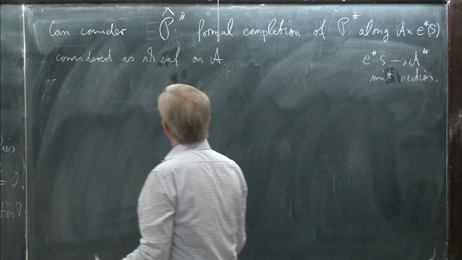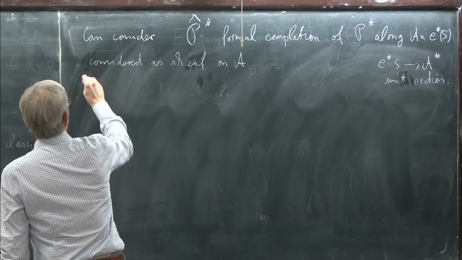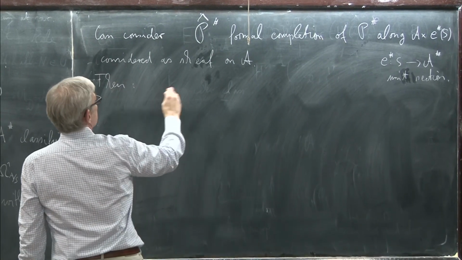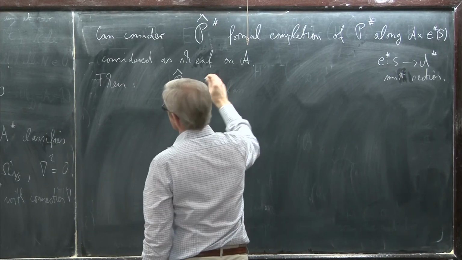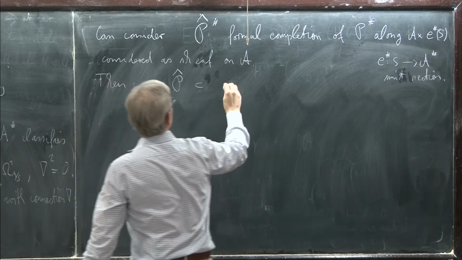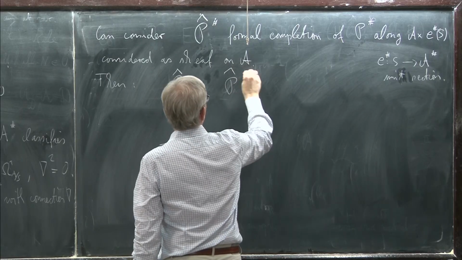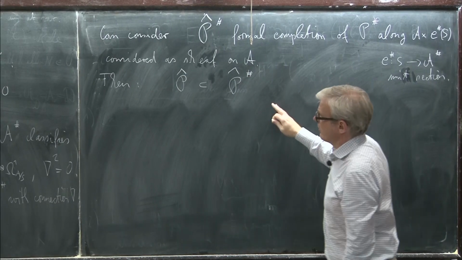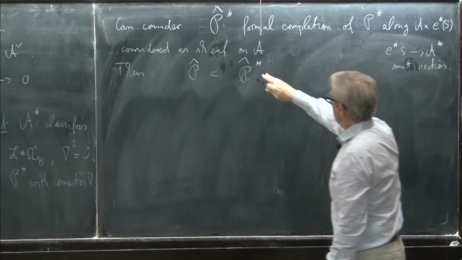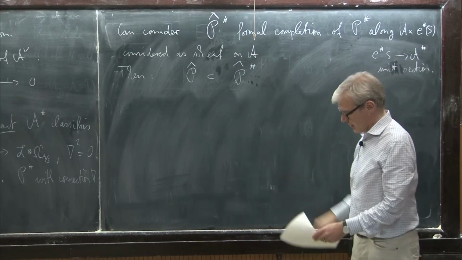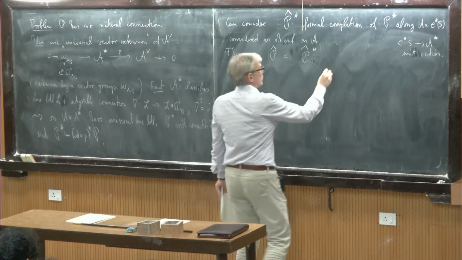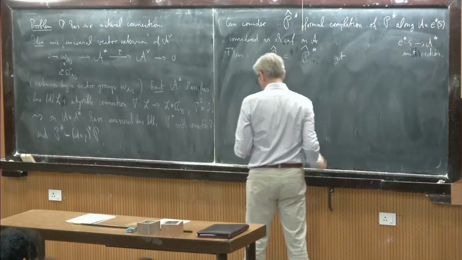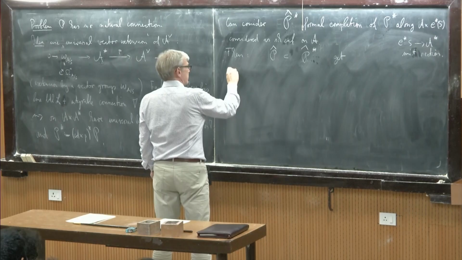Okay, so then one checks that this P hat just sits inside this P sharp. So the cohomology classes we had, we can extend them simply to the sheaf, and then we can take the derivative, and we get a derivative operator.